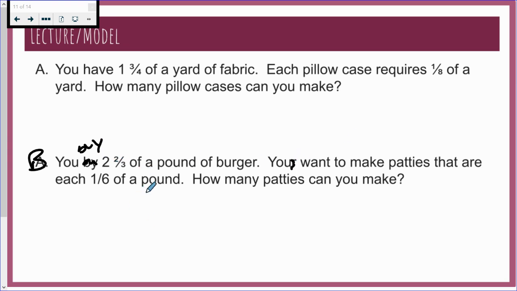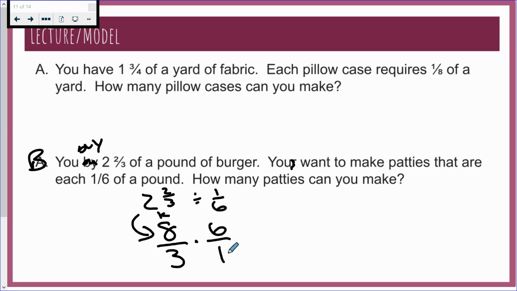So 2 2/3 divided into 1/6 groups. 3 times 2 is 6, plus 2 is 8/3. Right? 3 times 2 is 6, plus 2 is 8/3. And that's my keep. Times 6 over 1. 8 times 6 is 48. 3 times 1 is 3.